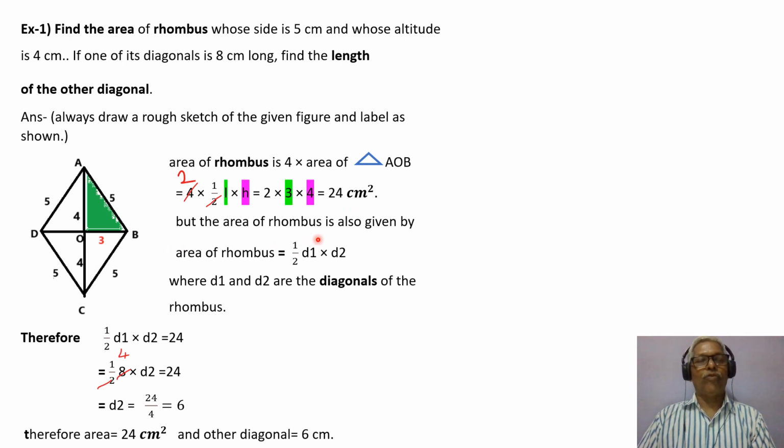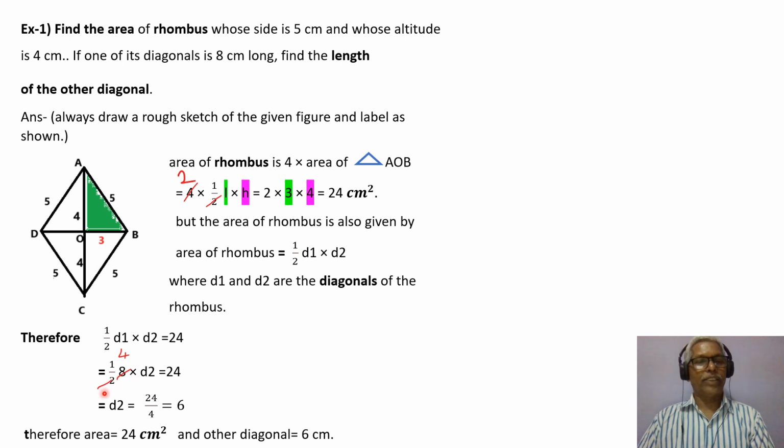But the area of a rhombus is also given by the formula half d1 into d2, where d1 and d2 are the diagonals of the rhombus. So we write it here: half d1 into d2 is equal to 24. We know d1 is given here as 8, into d2, which we have to find out, is 24.